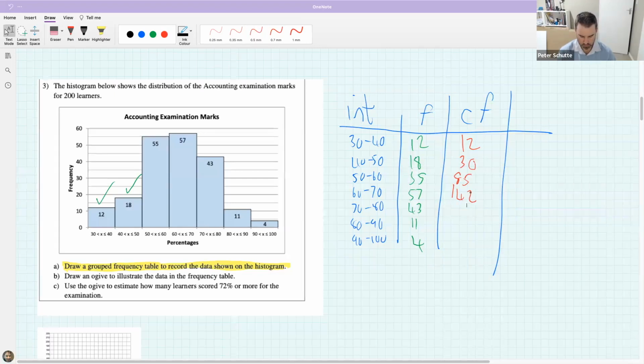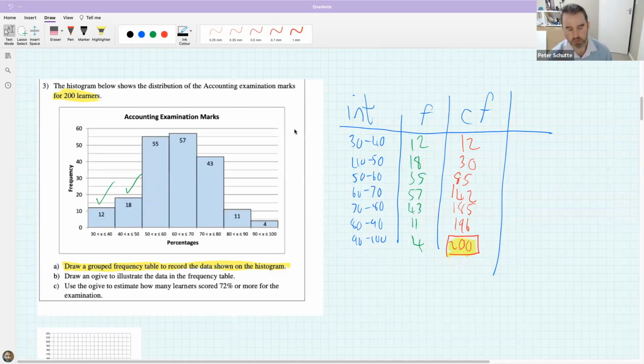And then 185, 196. And that makes me very happy because at the beginning of the question, they said there were 200 students whose marks they were analyzing. And the fact that my cumulative frequency is 200 means things have gone well for me.